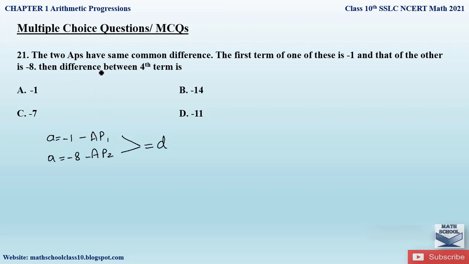Then the difference between the fourth terms: we have to find out the fourth term A4 in both the APs and find out their difference, right?